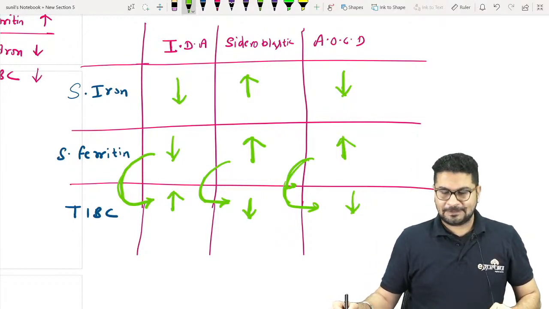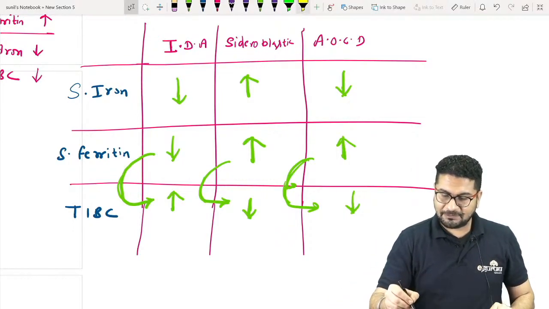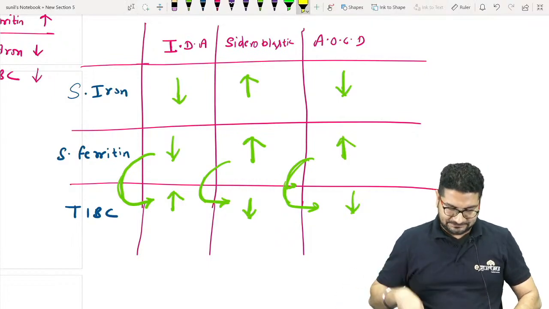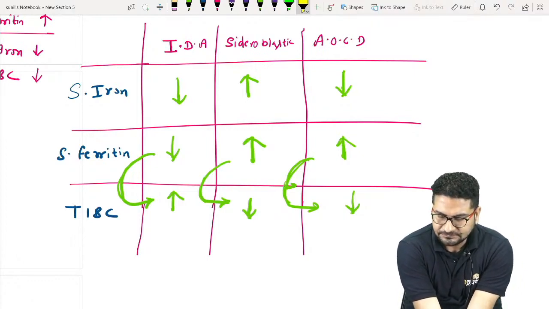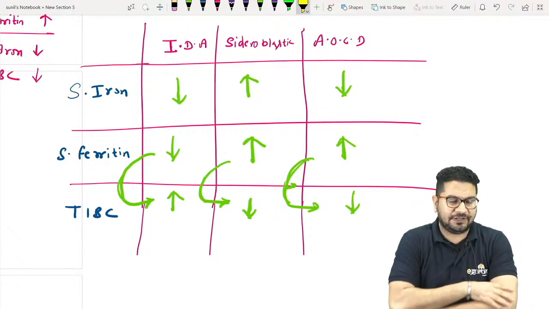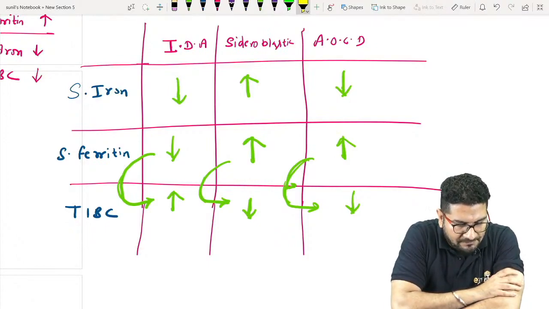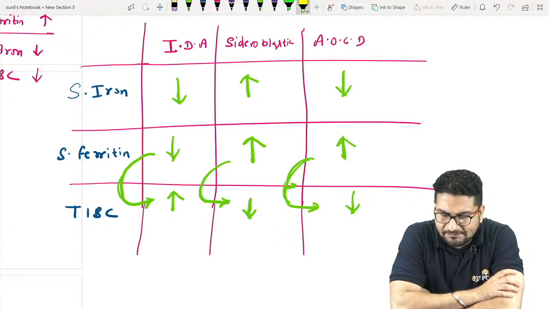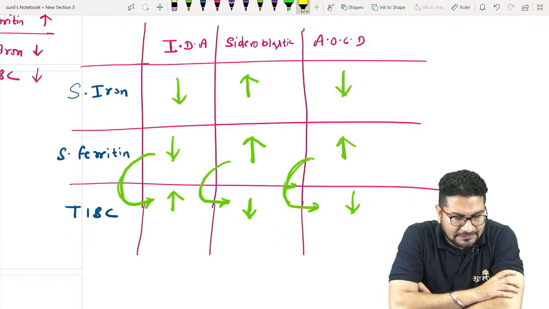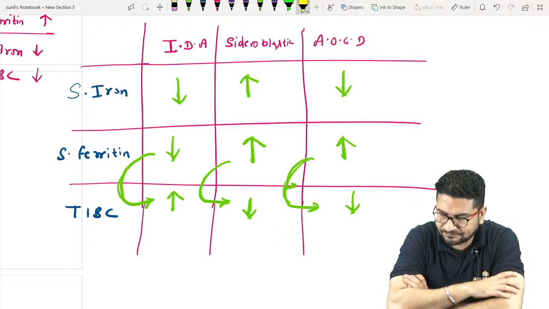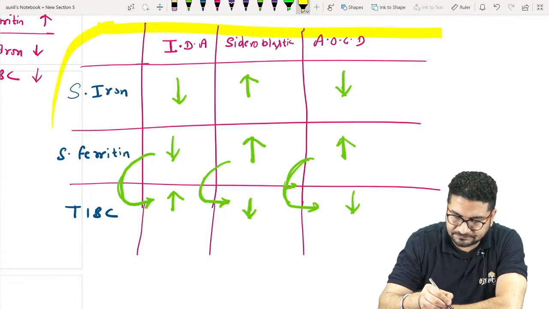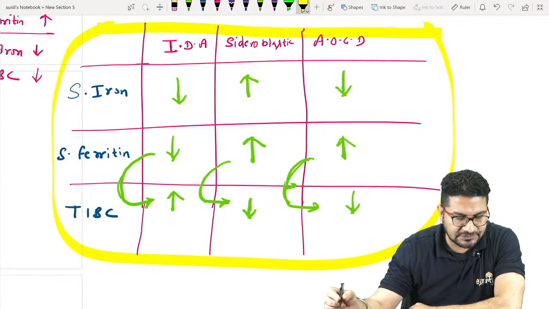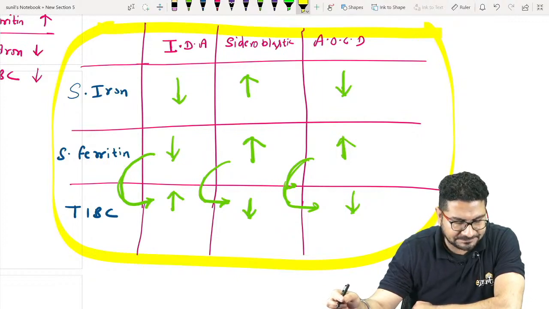Clear? So understand this. What you should remember is they ask questions like this: low TIBC is seen in. Try to answer, guys. Low TIBC is seen in sideroblastic anemia and anemia of chronic disease.